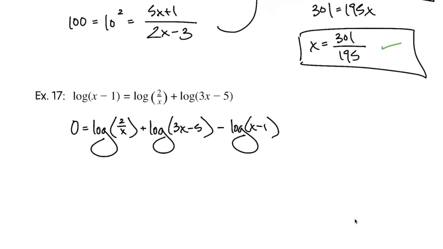Now we need to pack this back up into a single log. The base here is going to be 10. Again, I don't have to write that, but it might be helpful when I rewrite this in exponential form. But what is the single log expression going to be?